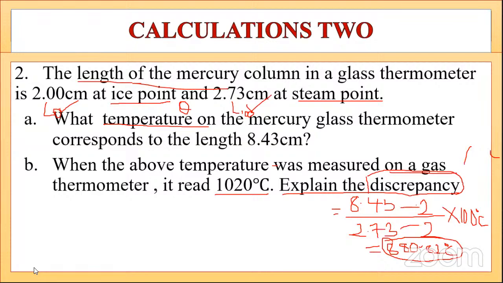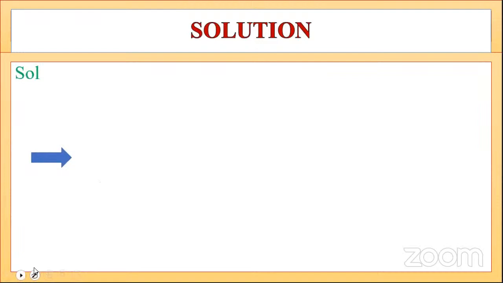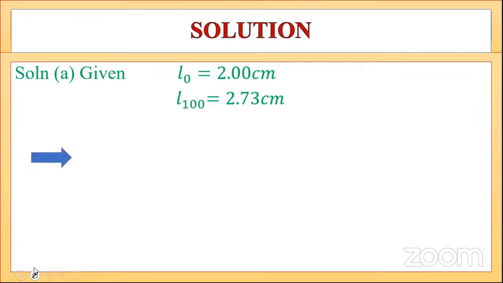So we say two thermometers which use different thermometric properties, which vary differently with the change in temperature. Good. So let's see that calculation. We have already seen this. L naught was 2, L 100 was 2.73, and L theta was 8.43.